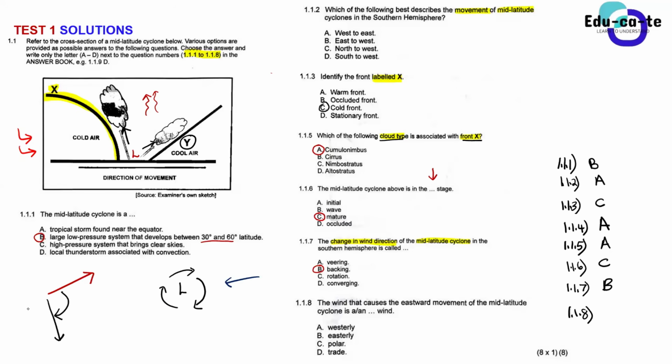If your wind was moving in this direction initially, what direction is this, guys? This wind that I've drawn with this maroon arrow, where is it facing? Northeast. Yes, it is a northeasterly wind.